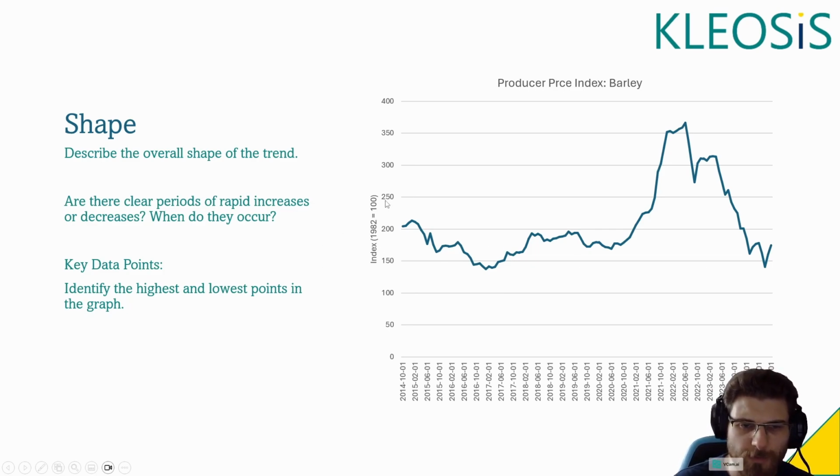So the general shape for me says that barley prices like to range between, I think, around 220 down to sort of 140 as an index. They like to range within those two broad numbers, and that is quite a wide range really when you think about it. That's a range of around 100%.